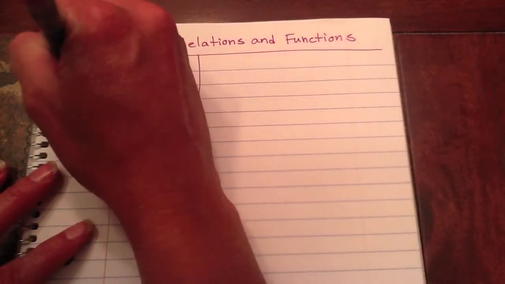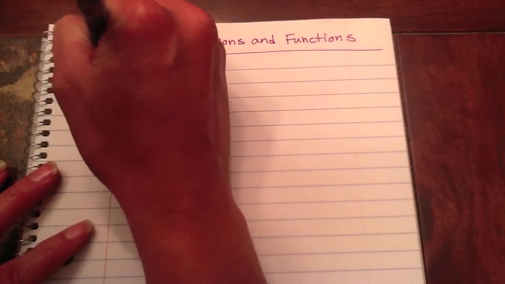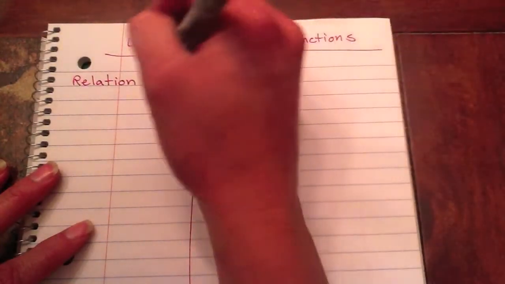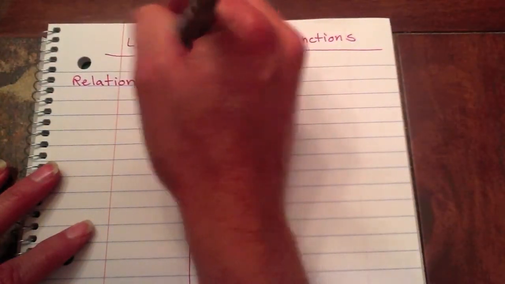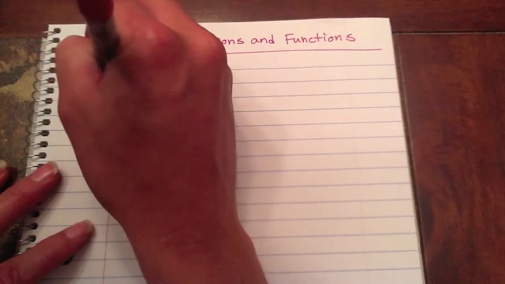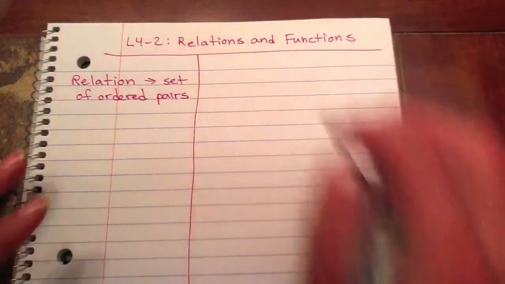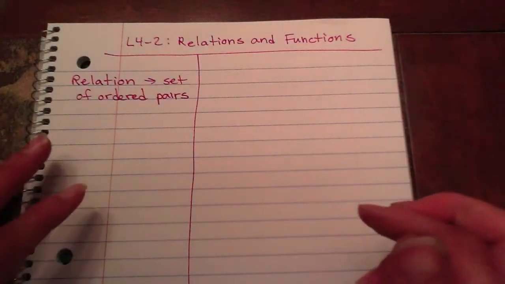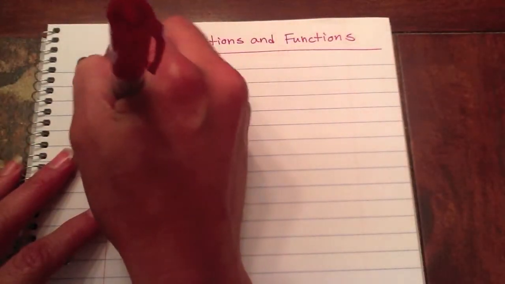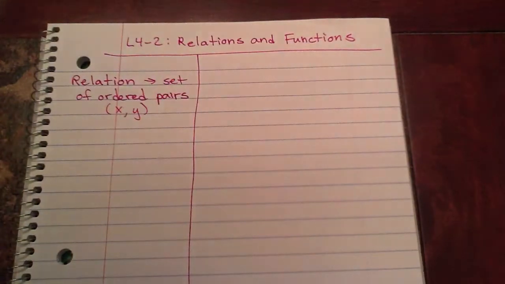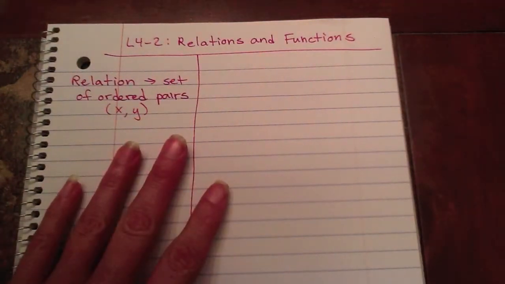First thing we're going to talk about is what a relation is. A relation is a set of ordered pairs. And ordered pairs are what we just talked about in Lesson 4.1, like an x, y. So I'll put that there. It's a set of these.